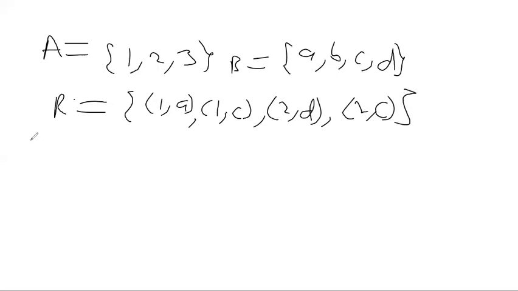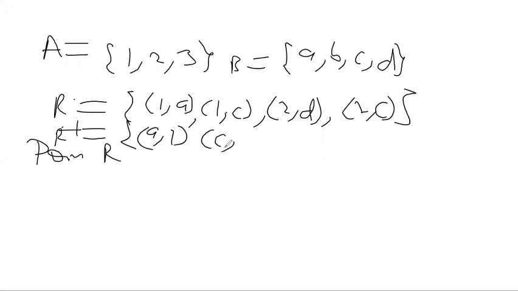This is the relation. Now if we have to find out the domain of R, let A be a set {1, 2, 3}, B be a set {a, b, c, d}, and R is given as this, a relation from A to B. Then what will be first of all R inverse? If we are told to find R inverse, R inverse will be just the opposite of this. Like this will be (a, 1), this will be (c, 1), this will be (d, 2), this will be (c, 2).